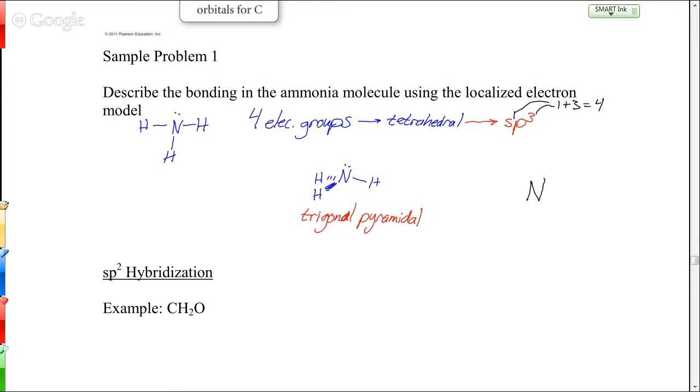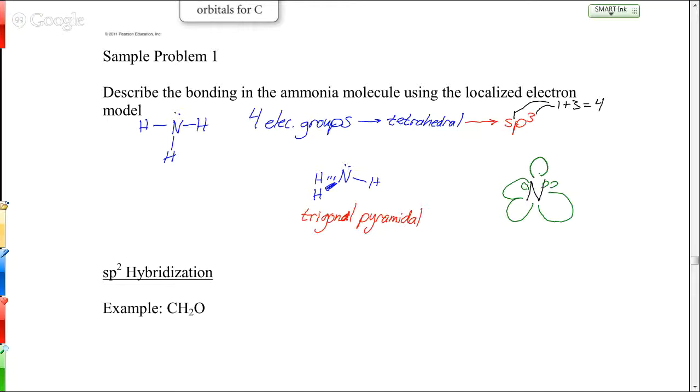We can take our nitrogen, and now instead of drawing s and p orbitals, we're going to draw hybrid orbitals. It's always tough to draw these in 3D, but remember the hybrid orbitals have a big lobe and a little lobe. And the sp3 hybrid orbitals are all going to be pointing out toward the hydrogens.